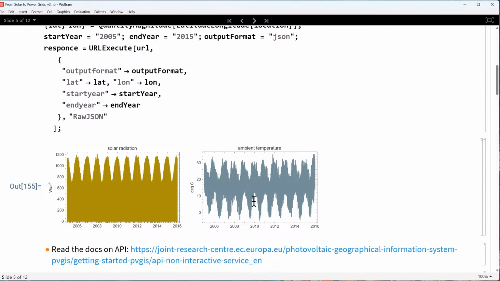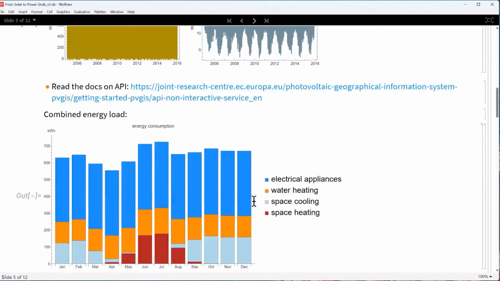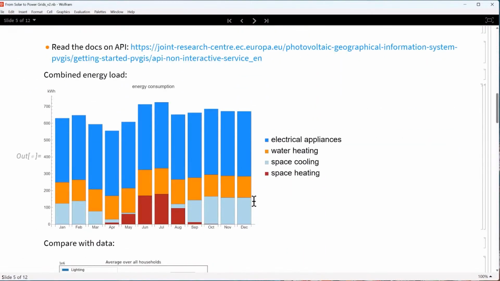Once we have this data, we can build a generic household energy model based on engineering first principles to estimate electricity demand from different sources. Now, before diving into the details of that model, let's look at what the simulation results tell us.